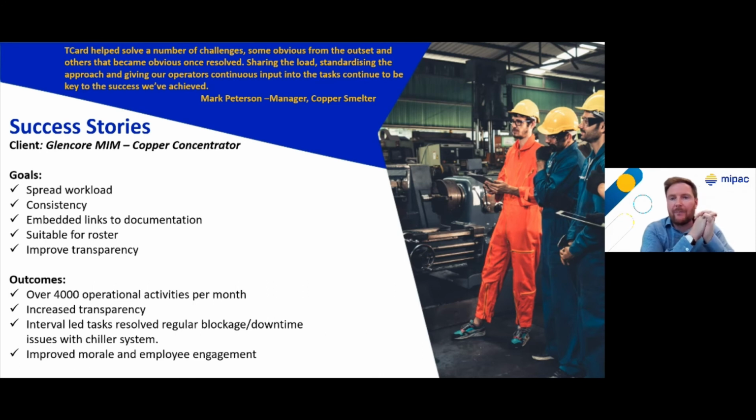Now, Glencore MIM had and continues to use an ERP system for their operation, but they, like I've mentioned before, found it too complicated for their operators to use and not really suitable for operator tasks across crews in a 24/7 operation.